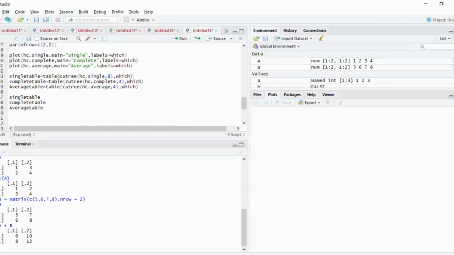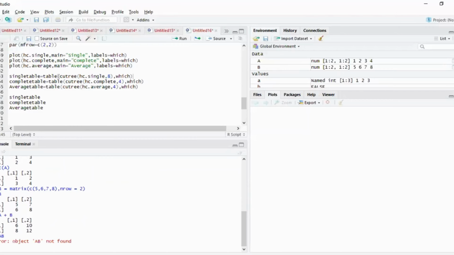Okay. Now, if I say A into B, the system will tell you object is not found. So how to do the multiplication?